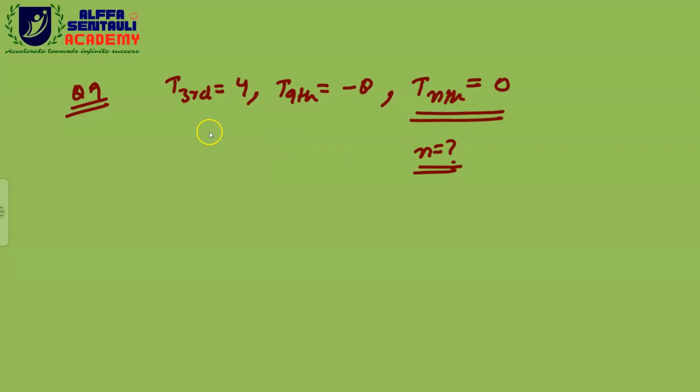So how will you get n? See, the general formula, the nth term should be what, beta? A plus n minus 1 into d, correct? So their sum should be equal to 0. Correct or not? So their sum is 0. So if their sum is equal to 0, how will you be able to solve this?